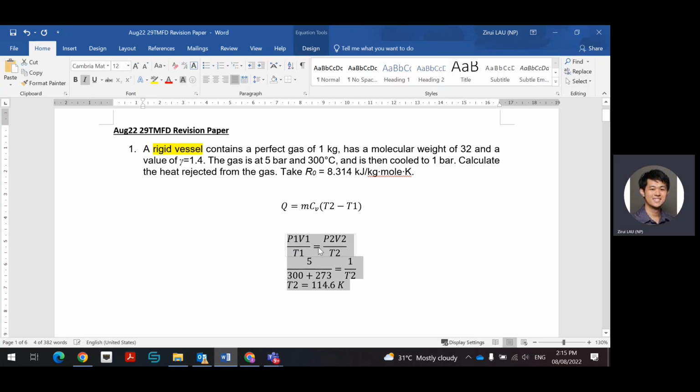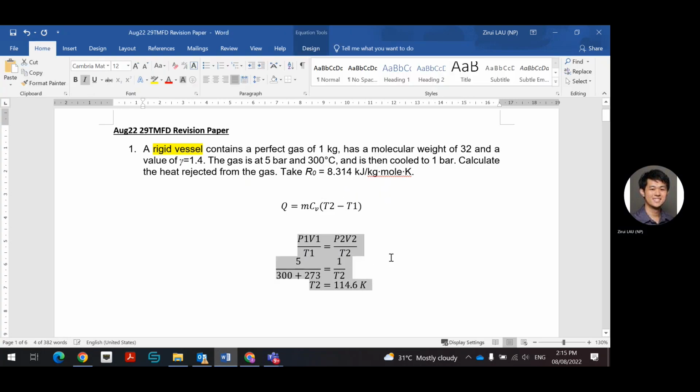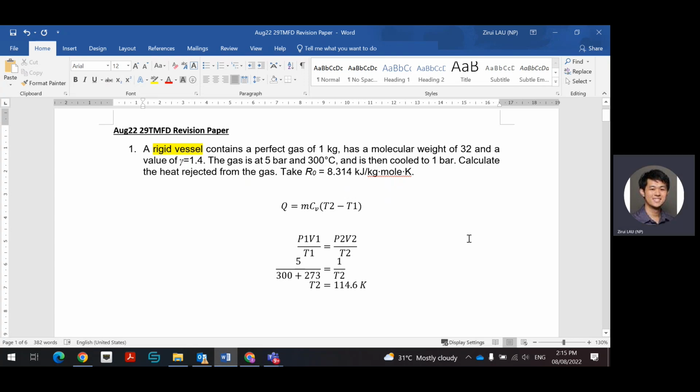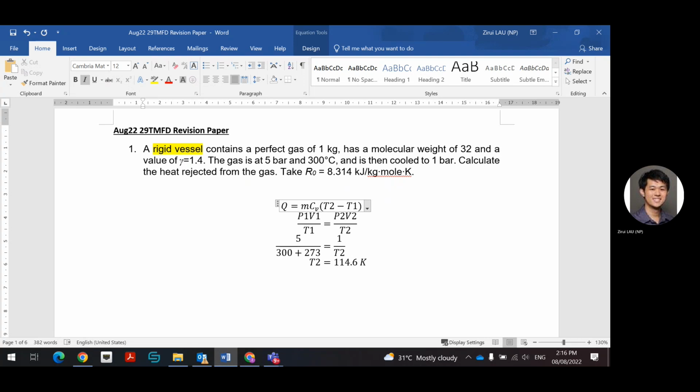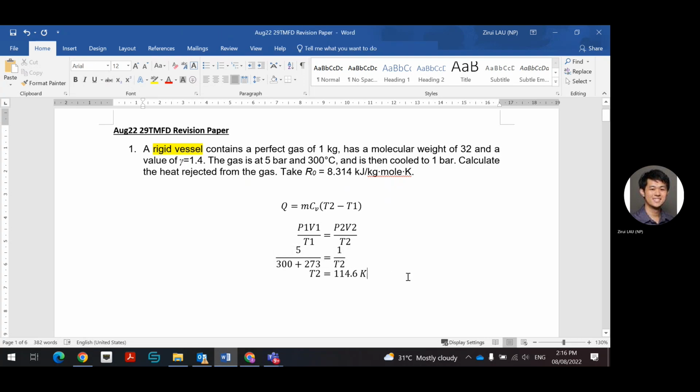Remember, we are working towards using this equation, so we have to find out T2. This is the reason why. So we find out the value of T2, which is 114.6. Okay, next.